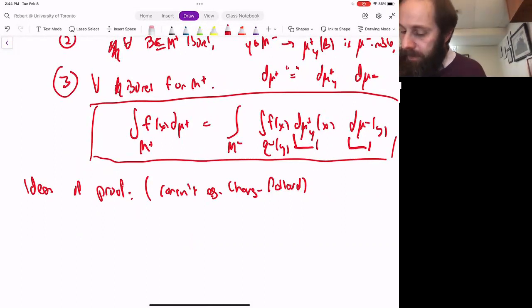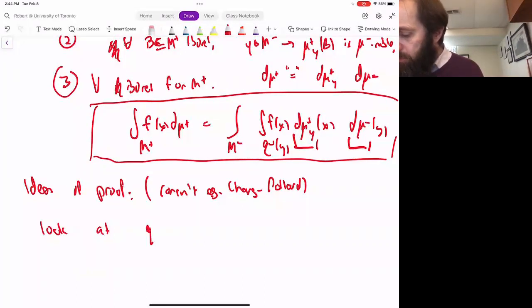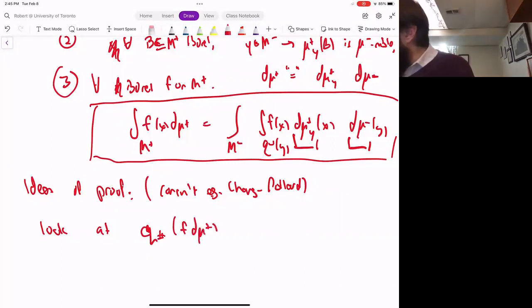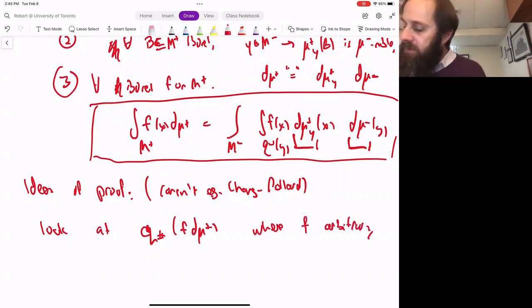So the idea is to look at Q push forward f d mu plus, where f is arbitrary. Of course, this is going to be a measure on M minus, because that's where Q maps into.